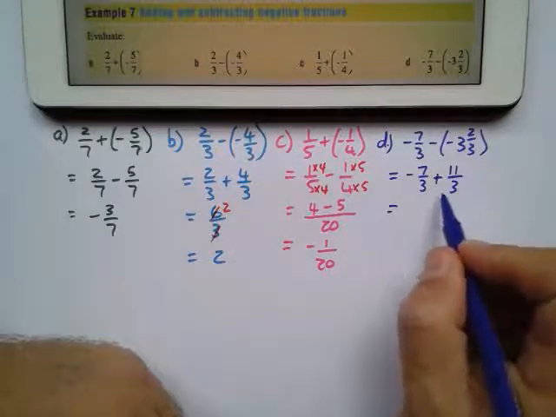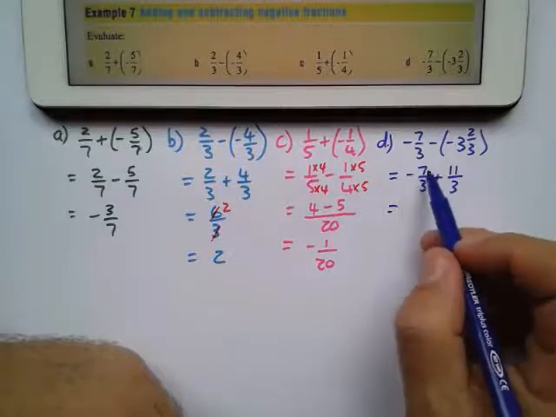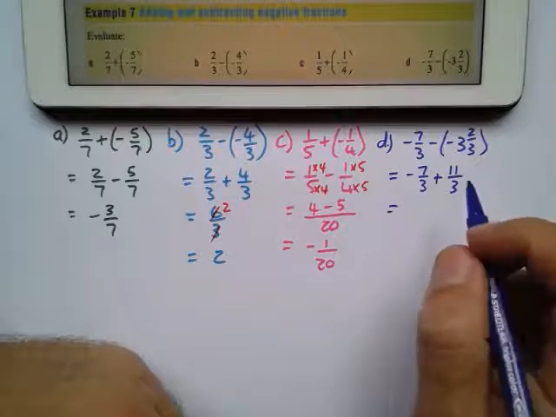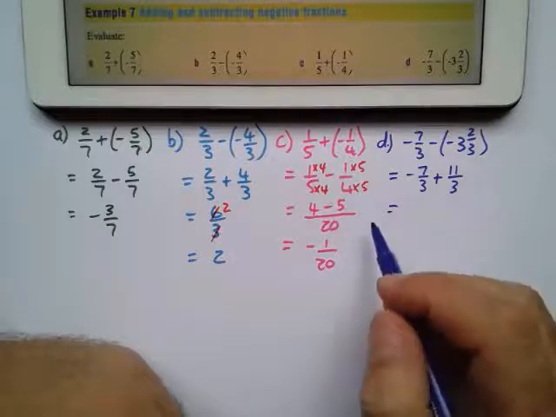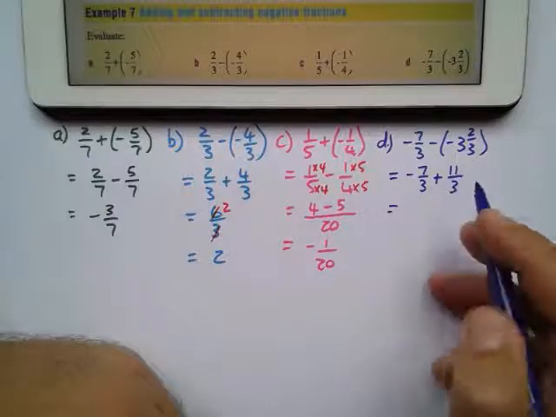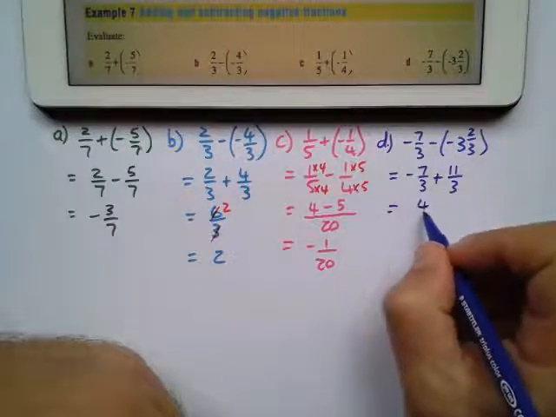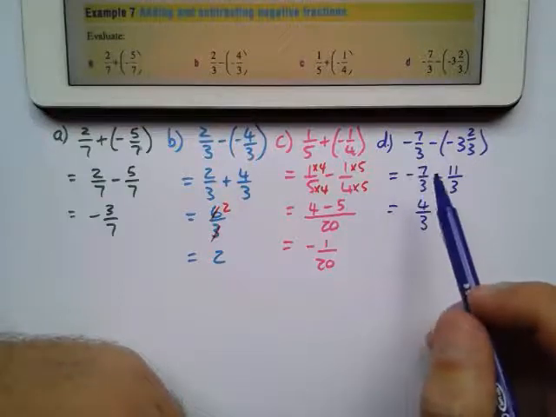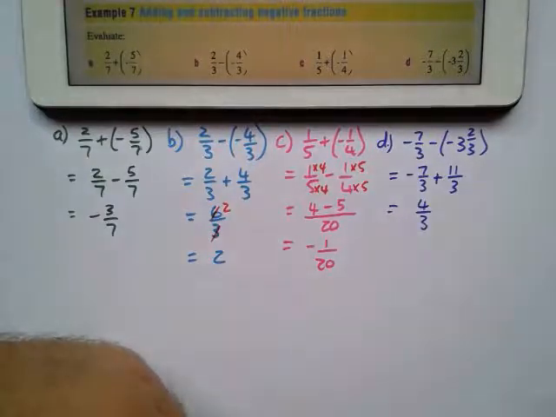I have the same denominator, so I can just say negative 7/3 plus 11/3 equals, and remember we can think about temperature. If the temperature is negative 7 and it rises to 11, it will go to 4/3. Now, a lot of questions came up here.